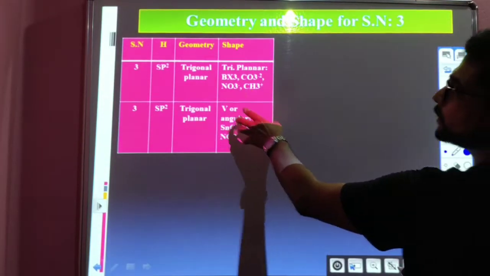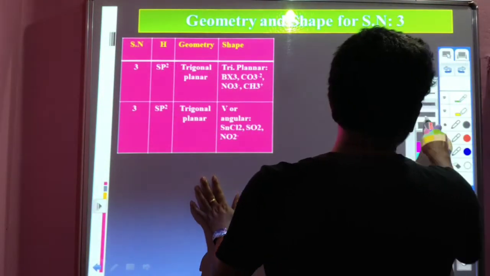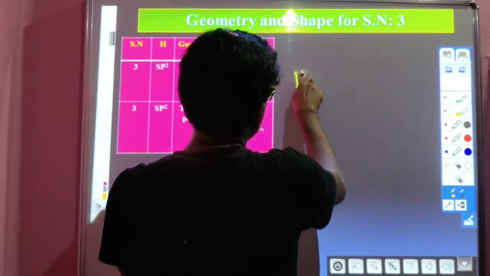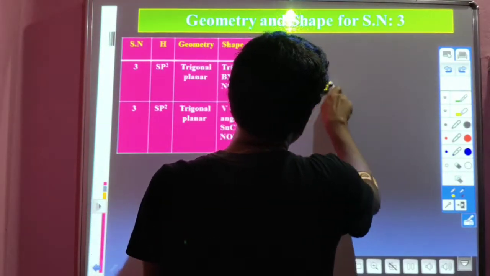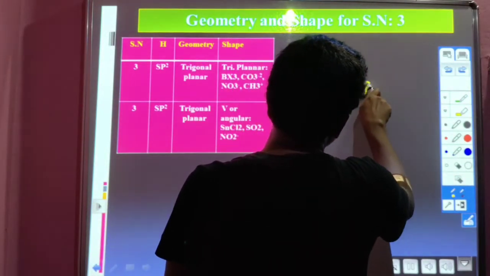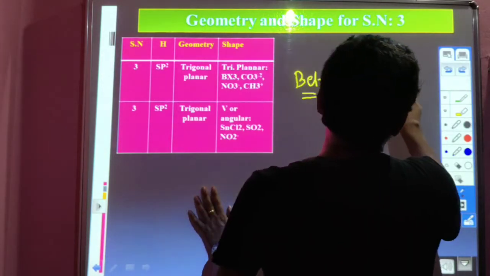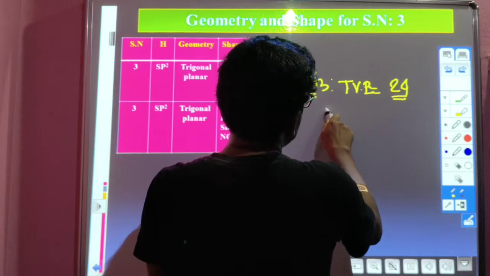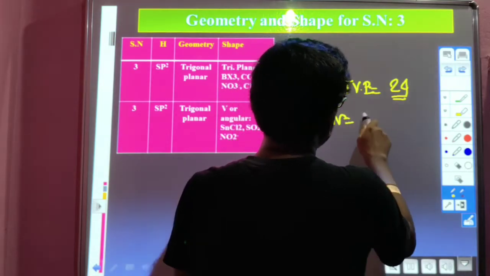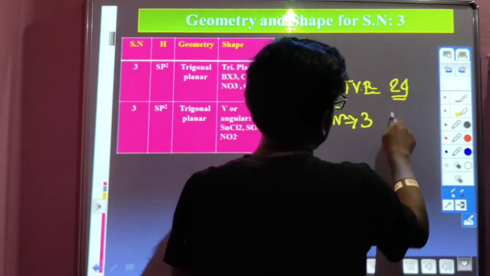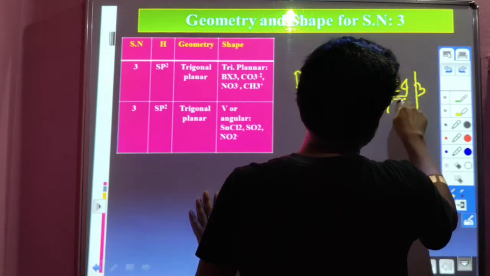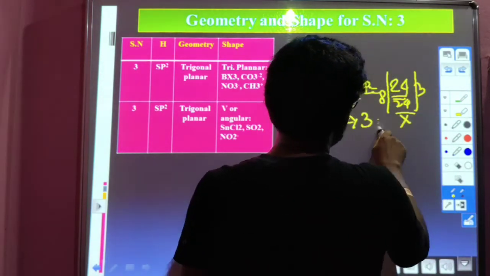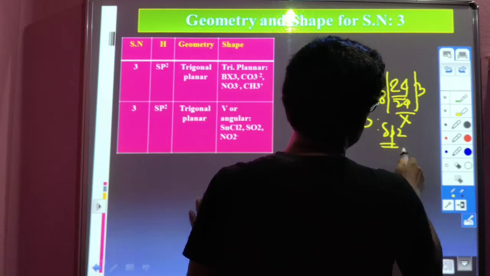What will be the geometry? See, BCl3, total valence electron is 24. So steric number will be 3, because if you divide it by 8, you will get 3. So this is sp2 hybridized.